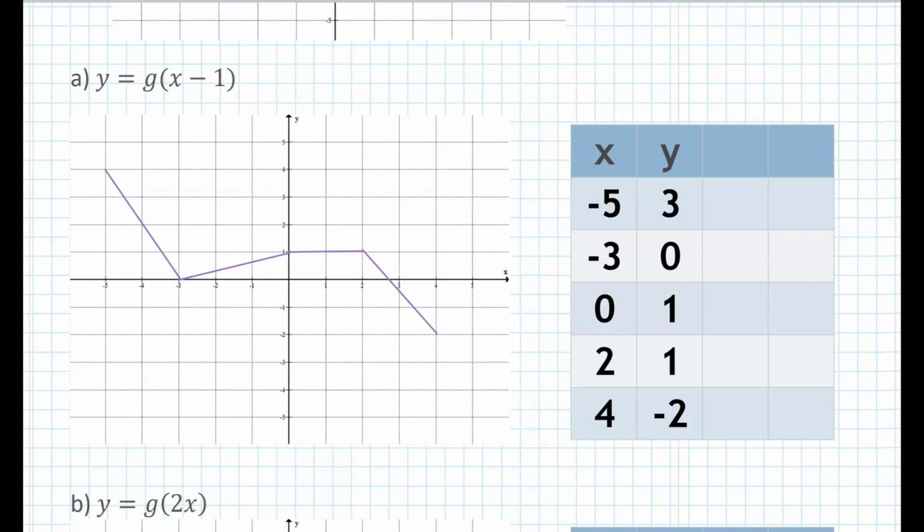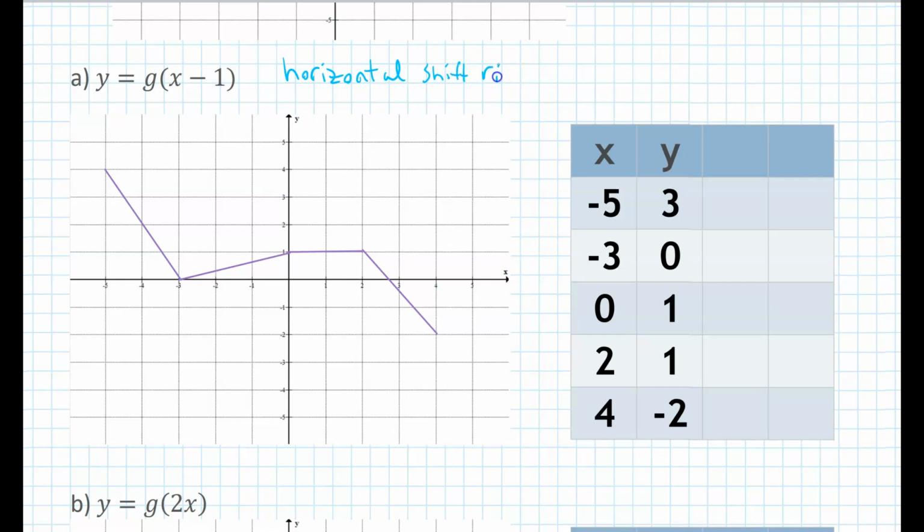So when the minus 1 is on the inside of the parentheses, what is the effect? This is a horizontal shift, to the left or right.